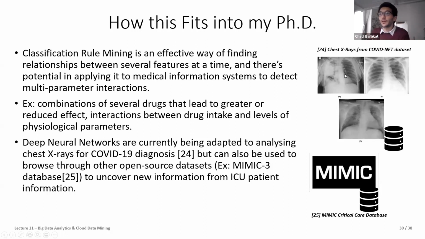We can think about the combinations of several drugs within a patient system as a method of applying association rules, seeing if these drugs work better together or antagonize each other, or maybe make the effect worse. There are several applications of rule mining and also neural networks in the medical field.